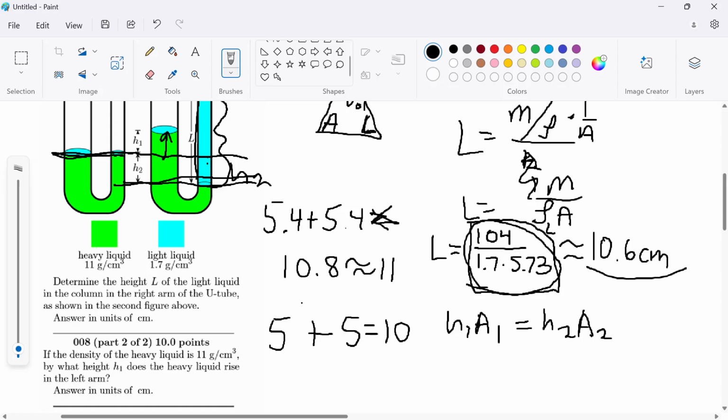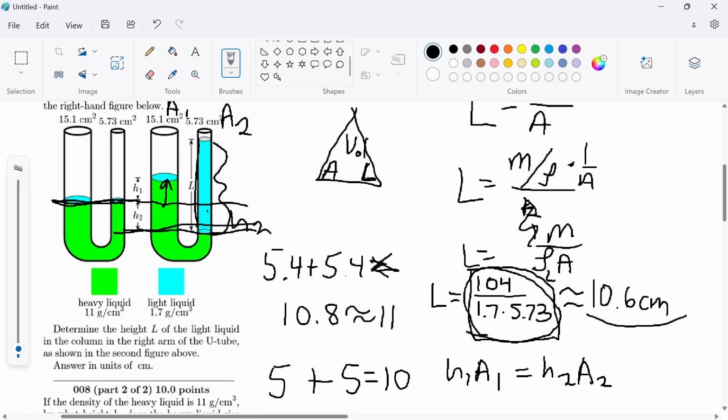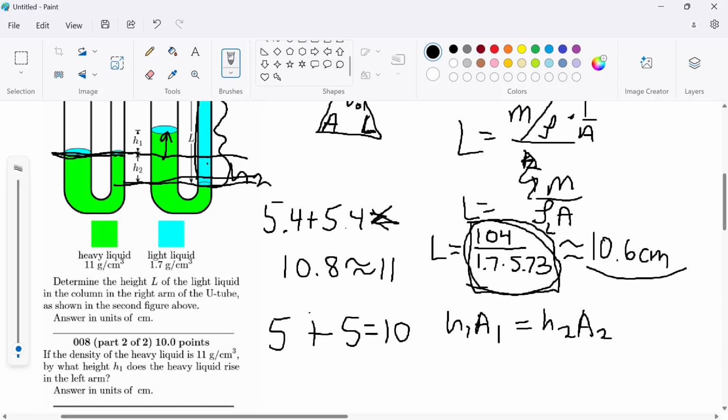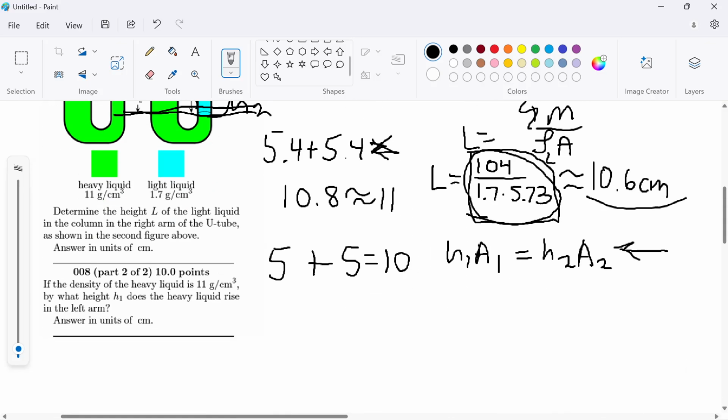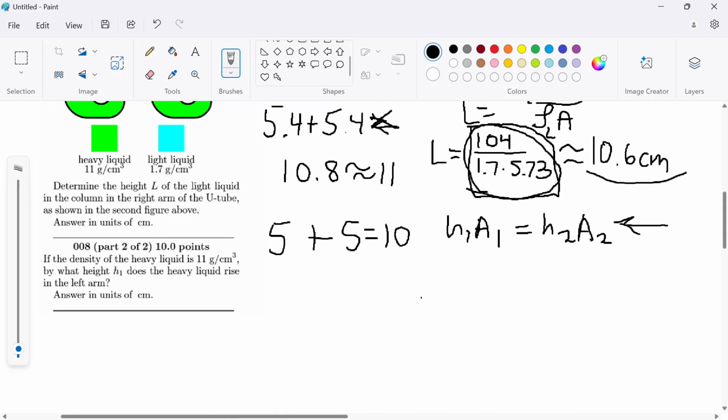Otherwise, there's no conservation of volume. What happened? It got pressed down, and then it turned into a black hole and sucked itself in and went into oblivion? No, the volume has to be conserved. So this is conservation of volume. And I have to solve for H1, so I'm going to use this to put H2 in terms of H1. So if H2 ends up in any of my equations, I can put it in terms of H1 and then solve for H1.